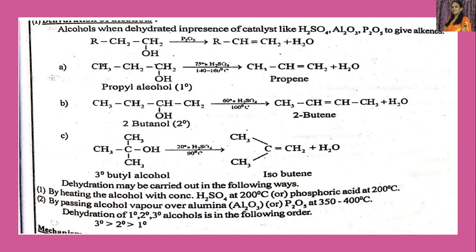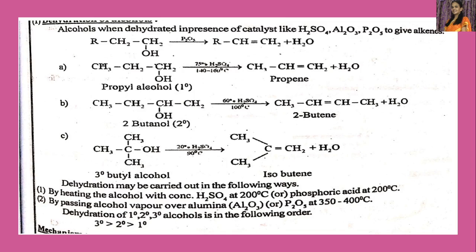So what are the different methods adopted for the dehydration of alcohols? We have already discussed that the first one is heating the alcohol with concentrated sulfuric acid or phosphoric acid at about 200 degrees centigrade, or 150 to 170, depending upon the reactant we started with.